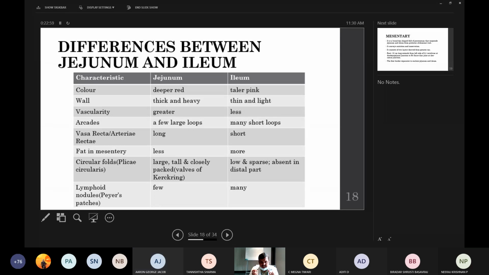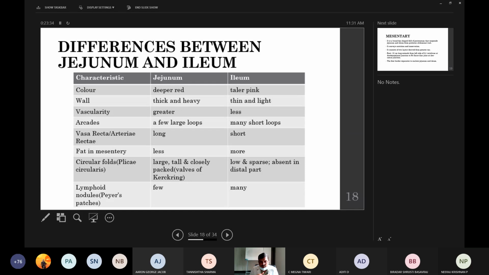The mesentery is mainly the site of deposition of fat. Fat in the mesentery is less in the jejunum, whereas more in the ileum. Circular folds are large; those are the valves of Kerckring. These circular folds help to increase the surface area for absorption, and also slow down the contents passing through the intestine.